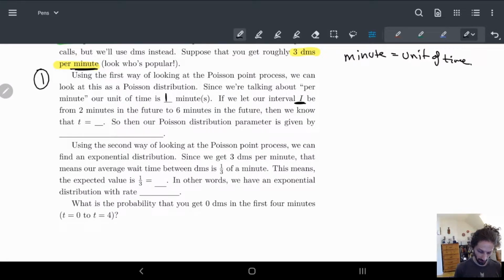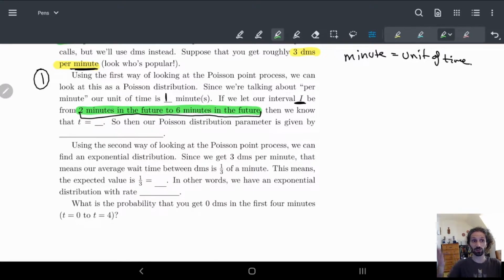For example, here I might say 2 minutes in the future to 6 minutes in the future. This might be an example of some interval. In this case, it's going from 2 to 6 minutes, so our interval is 4 minutes long. So our t, in this case, is 4 minutes for the interval.